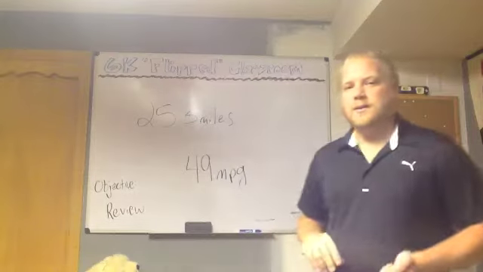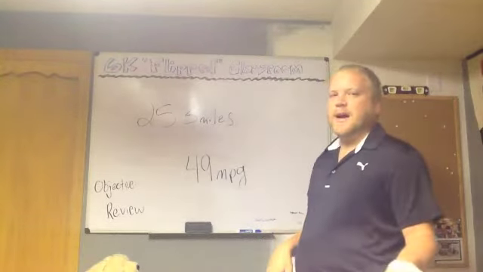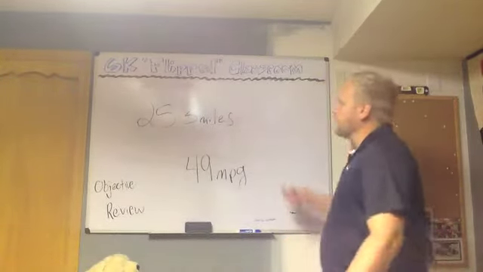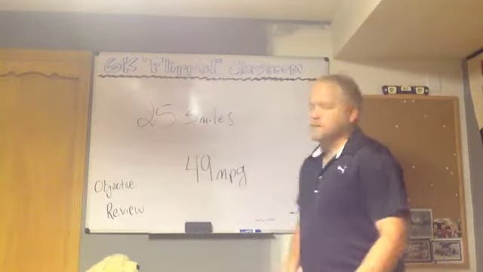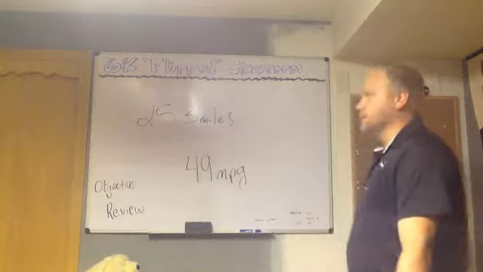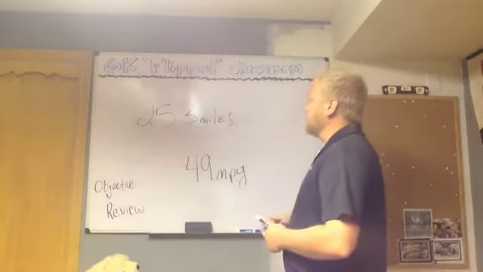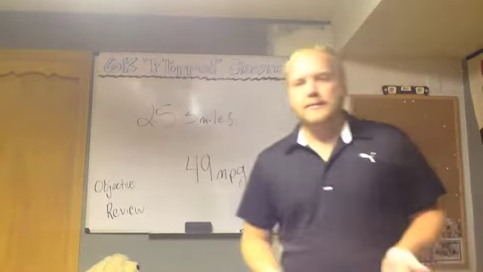The question was, about how many gallons of gas would we need? If it's 253 miles and we get 49 miles for each gallon, that sounds like a division problem. So we're going to do 253 divided by 49, but remember, we're estimating.